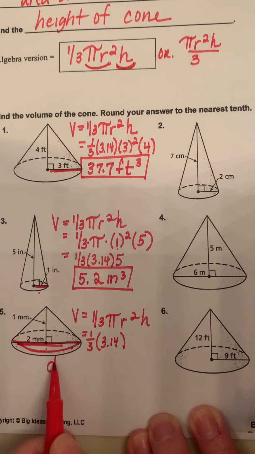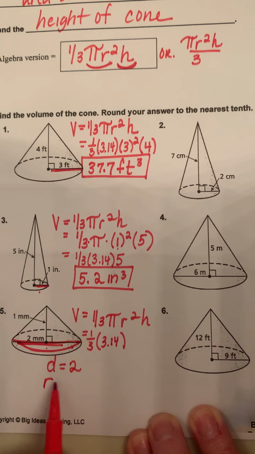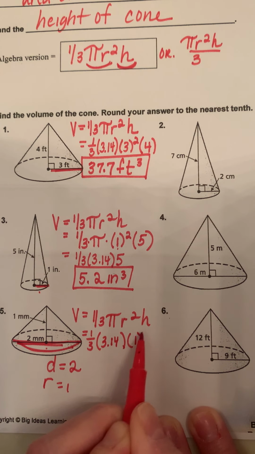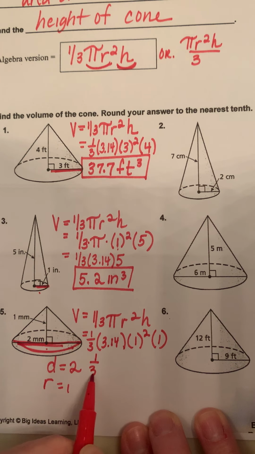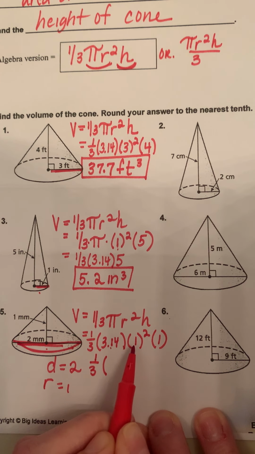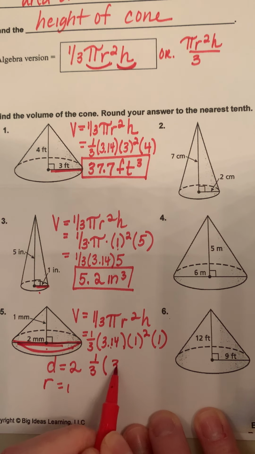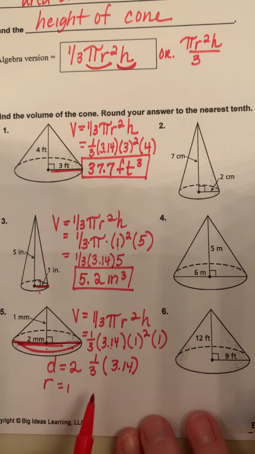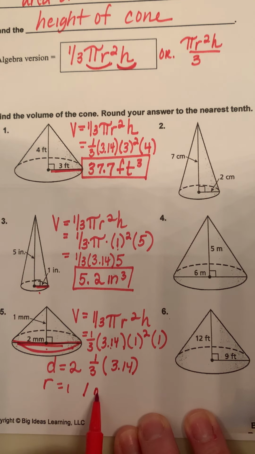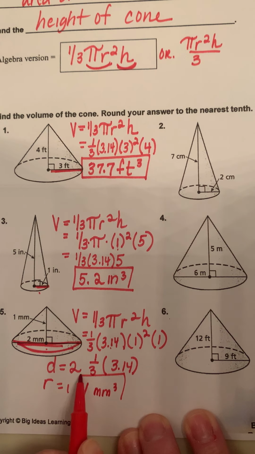If the diameter is 2, our radius is half of that, which is 1. And then our height is 1. So this is actually easier. It's 1/3 times 3.14 times 1 times 1, which is just 3.14. So all you have to do is take 3.14, divide it by 3, and you get 1.04. So it's just 1 millimeters cubed.